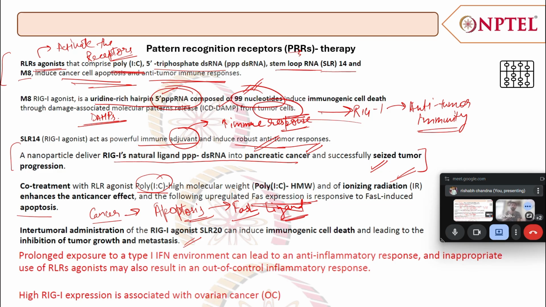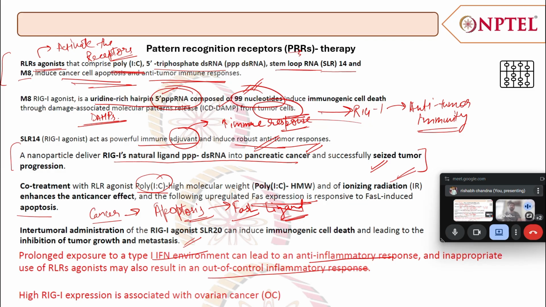Now moving on to how these increased immune responses can lead to some inflammatory responses in the body. If there is prolonged exposure to a type 1 interferon environment, this leads to an inflammatory response, and with inappropriate use of RLR agonists, this results in out of control inflammatory responses.